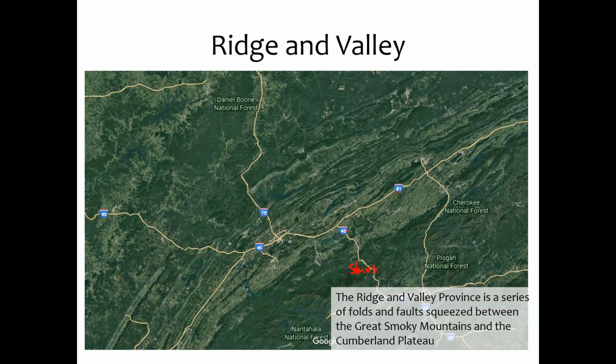This area, if you look at it from satellite view, you see a bunch of parallel hills that are still covered in trees because it's hard to build on hills, and valleys, which are much easier to farm. So they were cleared first, and they are still left more exposed than the hills are. You can see these parallel hills all continuing in the same direction, parallel to the front of the Smoky Mountains.